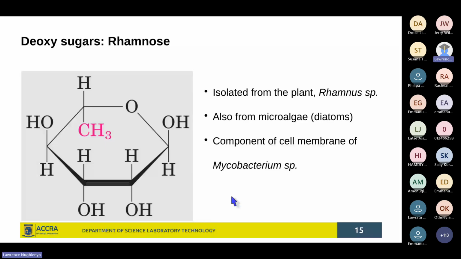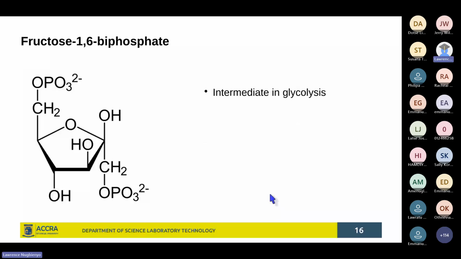All right. The very last one we can take a look at: from the beginning, we talked about glucose 6-phosphate in the glycolytic pathway, the breakdown of glucose.